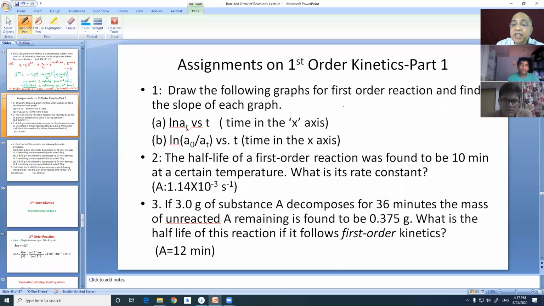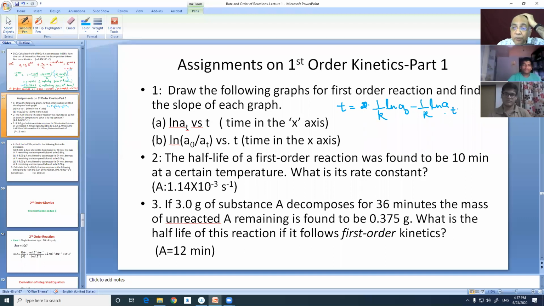t is equal to 1 by k ln A0 minus 1 by k ln At, because it is 1 by k ln A0 by At. If you expand it, it will be 1 by k ln A0 minus 1 by k ln At.